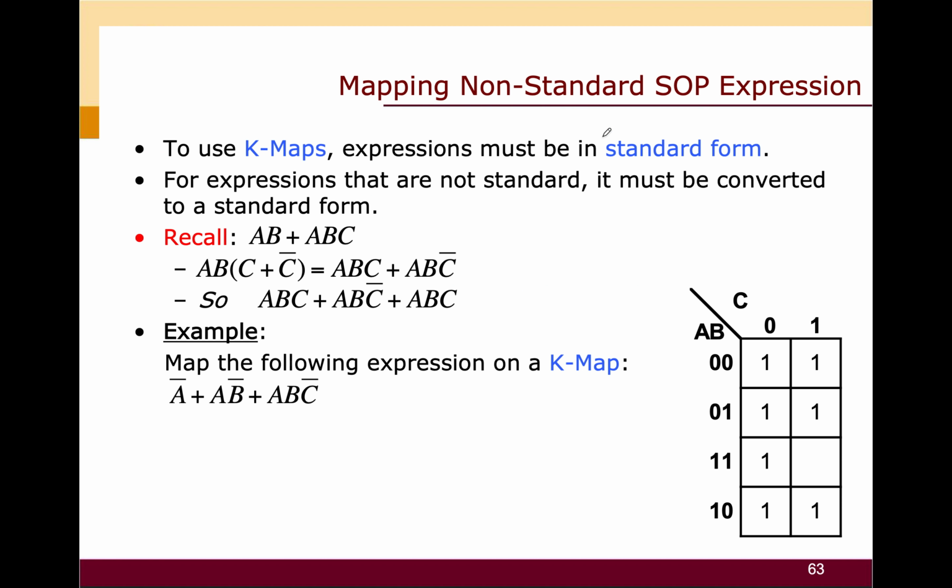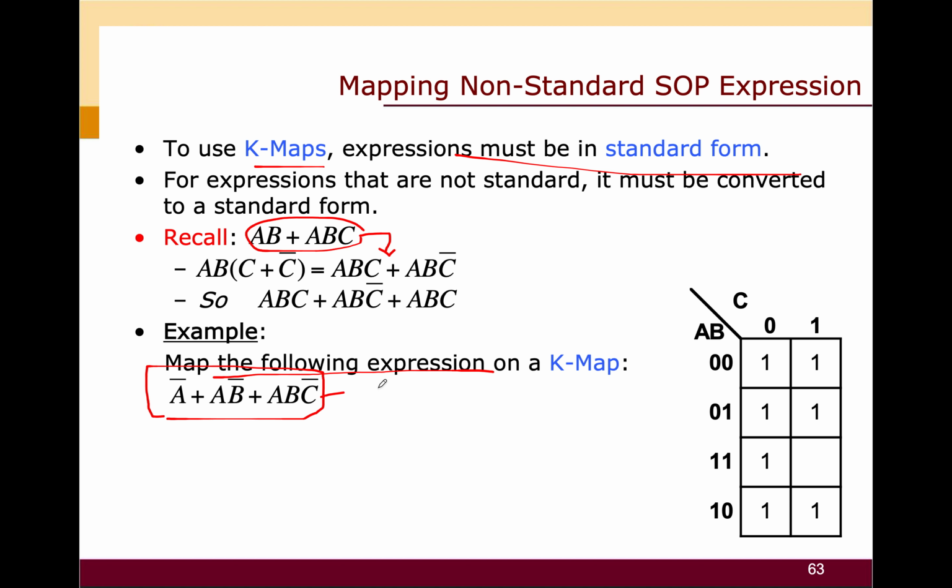So it is mapping non-standard SOP expression. To use KMAP, the expression must be in standard form. So let's say you were given a Boolean expression like this, you need to convert it into the standard form. So map the following KMAPs. Let's say you were given this one.